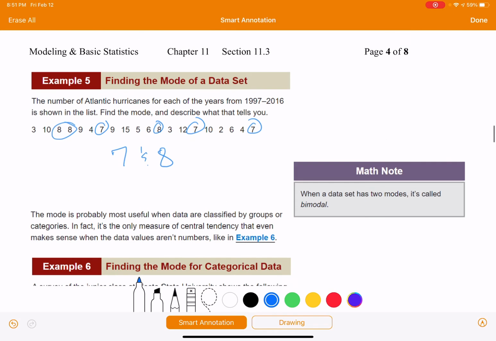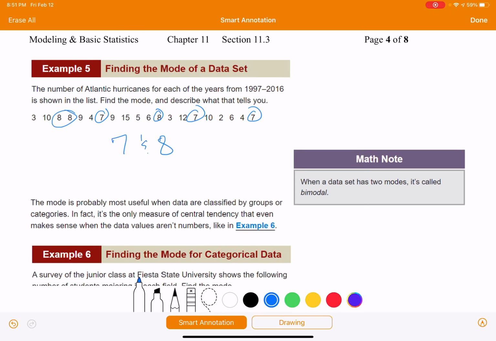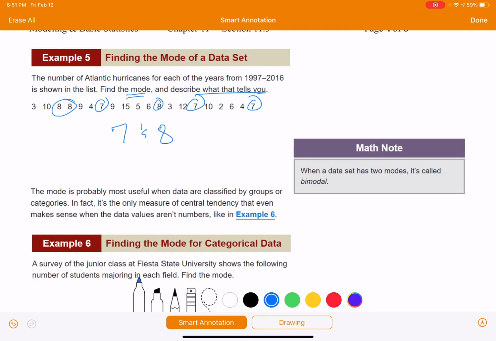Let's look at what this data set was about. Some of this stuff is pretty interesting. The number of Atlantic hurricanes for each of the years from 1997 to 2016 is shown in the list. Find the mode and describe what it tells you. Well, we found the mode, because I kind of found the mode before I read the question. But what does this tell us?